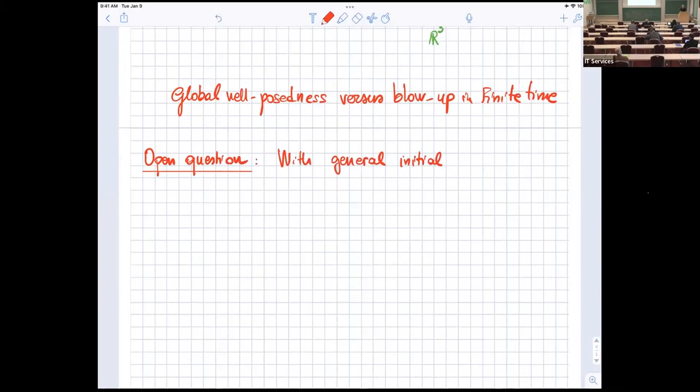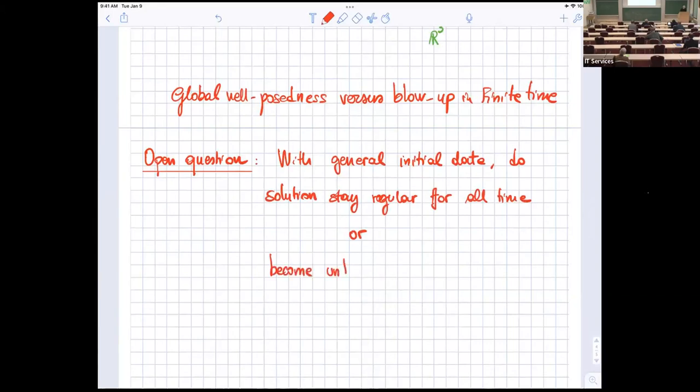But with general initial data, so big in any norm, unbounded, whatever, do solutions stay regular for all time, or become unbounded in finite time? This is something that is still open.